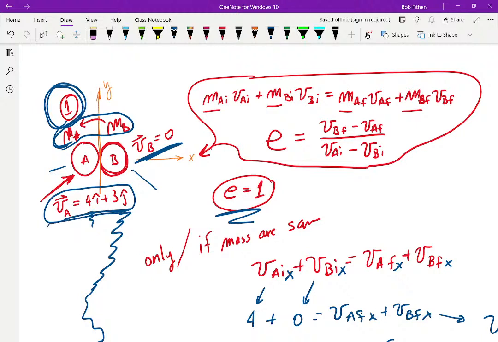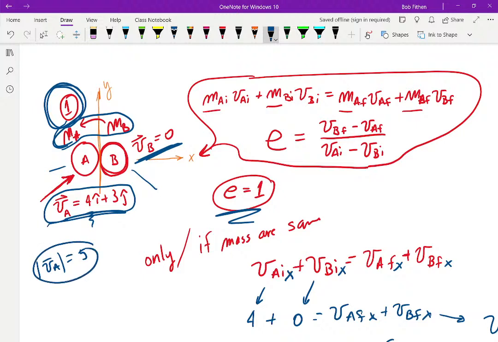Second, if you look at this, you'll realize the magnitude of VA, it's a 3, 4, 5 triangle. So the magnitude of VA is 5. So the total energy state is 1/2 m, which we've identified as that, times 5 squared, or 1/2 mv squared, or 12.5.